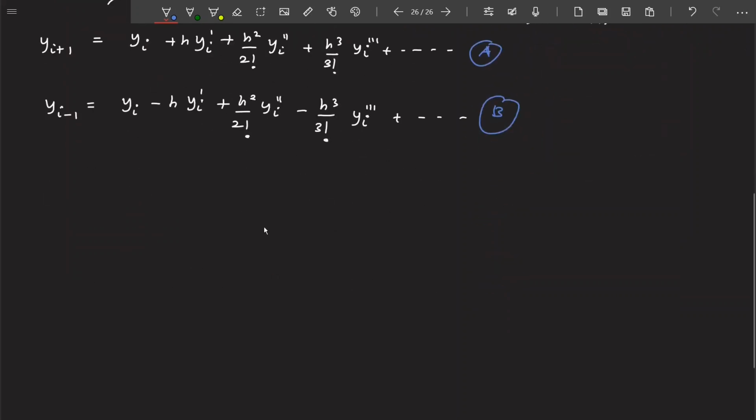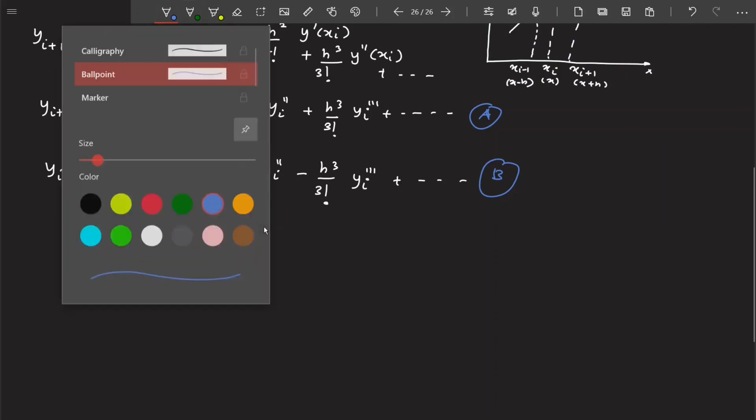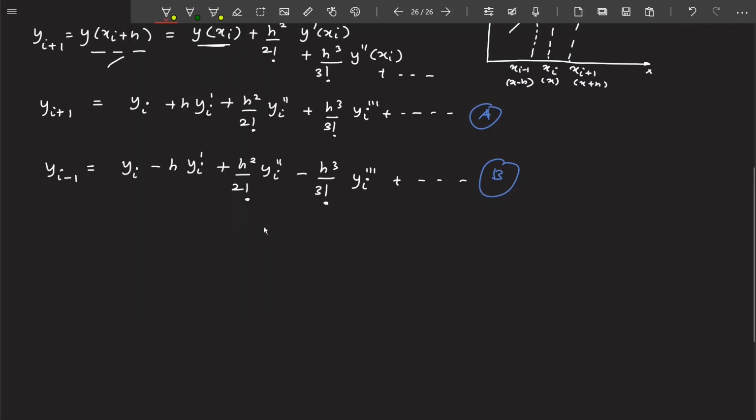Now let us take equation number A, and if you focus on equation A, that is this equation. Now if you bring y i on this side, and just keep this on the right hand side and bring everything, that is y i and this, on the left hand side.